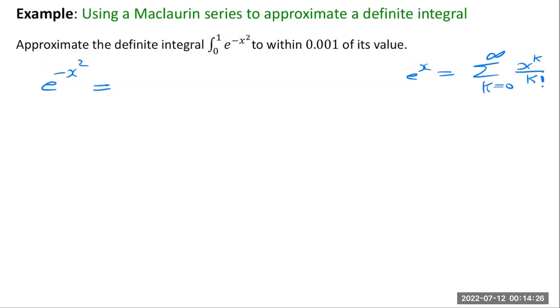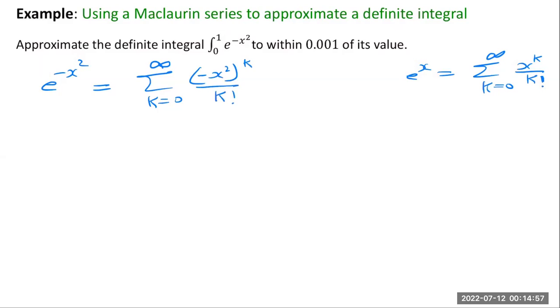So the Maclaurin series is the sum from k equals 0 to infinity. I'm just replacing x by minus x squared. If you replace this x by minus x squared, you get minus x squared, and then I replace this x also by minus x squared: minus x squared to the power k divided by k factorial.